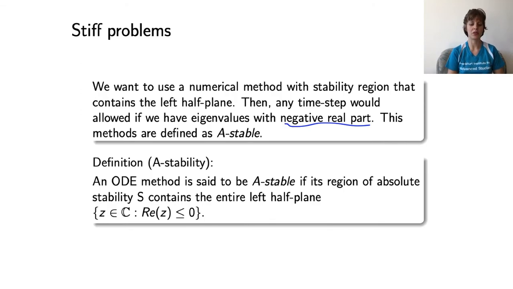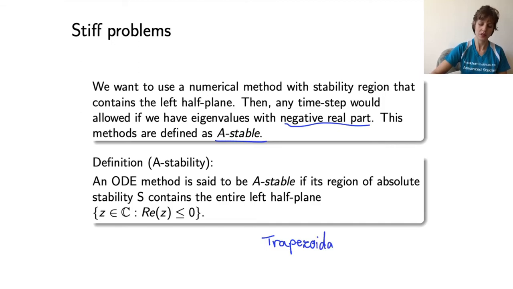So these methods are defined as A-stable. An ODE method is said to be A-stable if its region of absolute stability S contains the entire left half plane. Examples: trapezoidal and backward Euler.